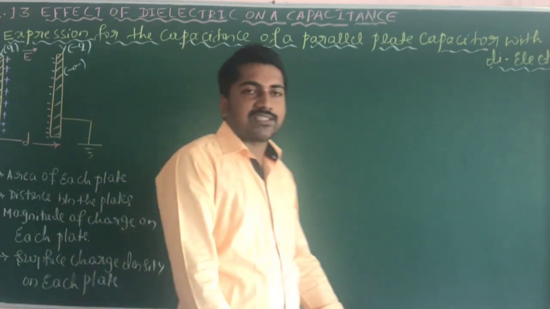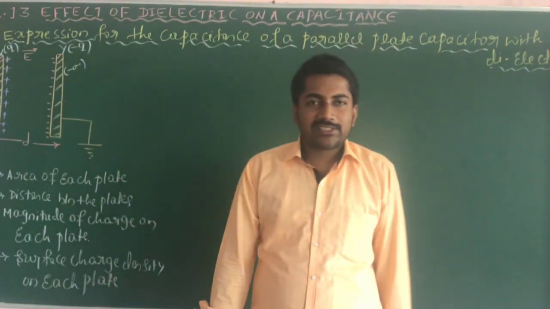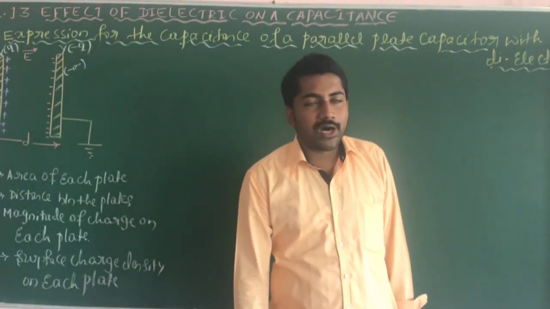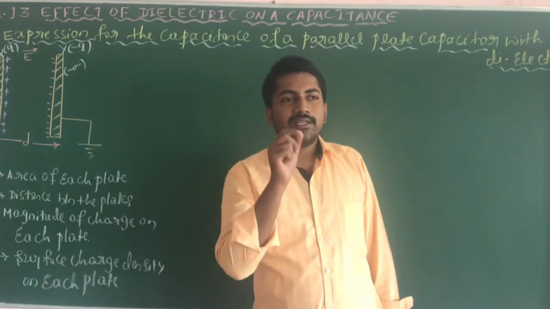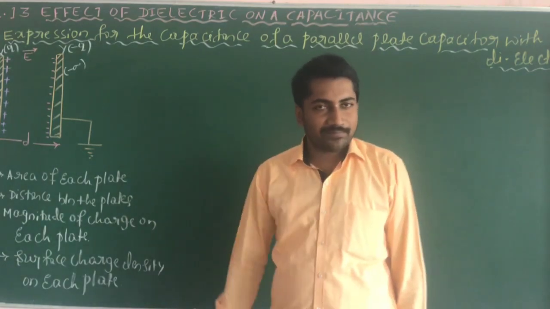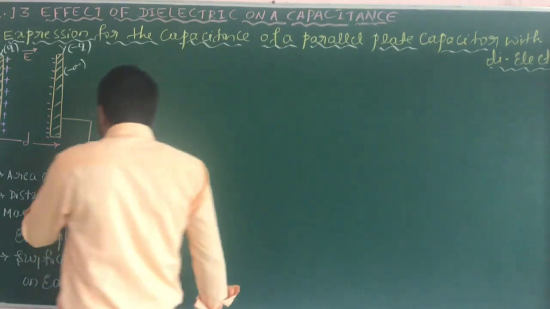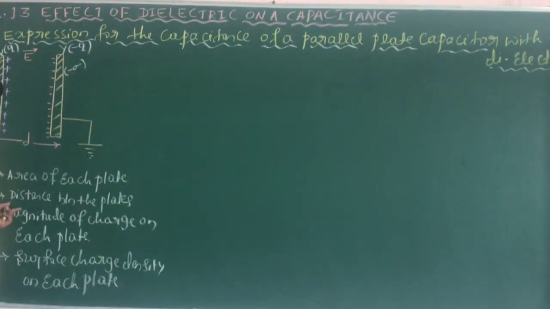We know the formula: surface charge density means the charge distributed per unit surface. Here A is the area of each plate, d is the distance between the plates, Q is the magnitude of the charge on each plate, and sigma is the surface charge density on each plate.